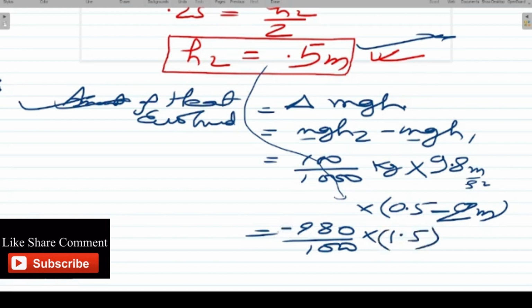Why this negative sign? This negative sign shows heat liberated or evolved.